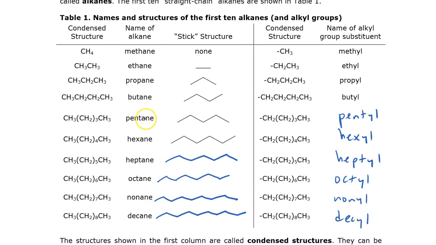So pent for 5, hex for 6, hept for 7, oct for 8, non for 9, and dec for 10. So those prefixes you've already learned. These first 4 you then just have to memorize anew: methane, ethane, propane, butane. If you're British, you say methane and ethane differently.